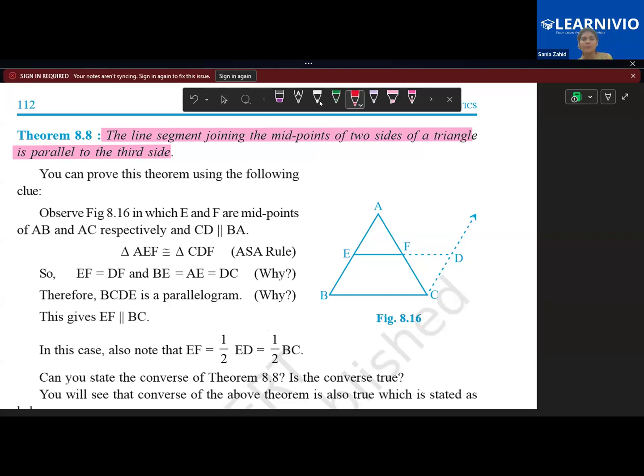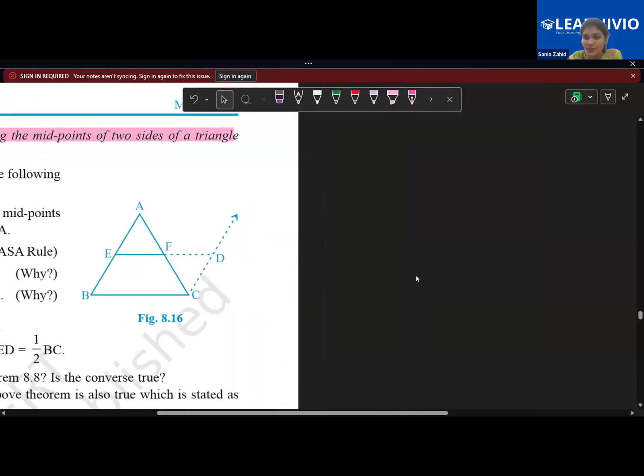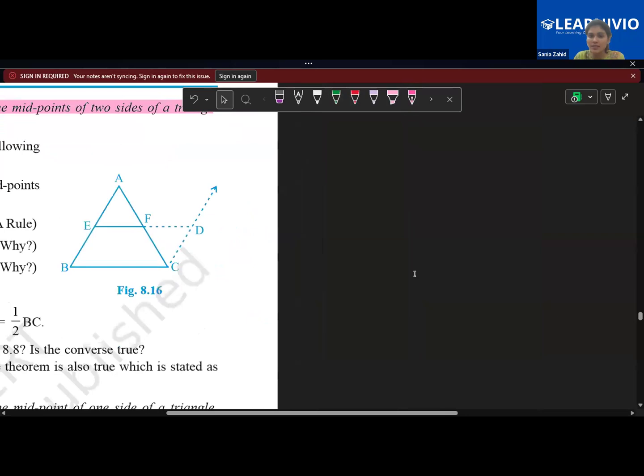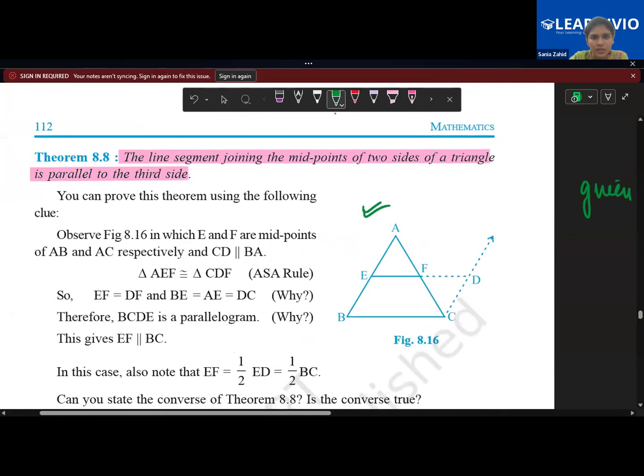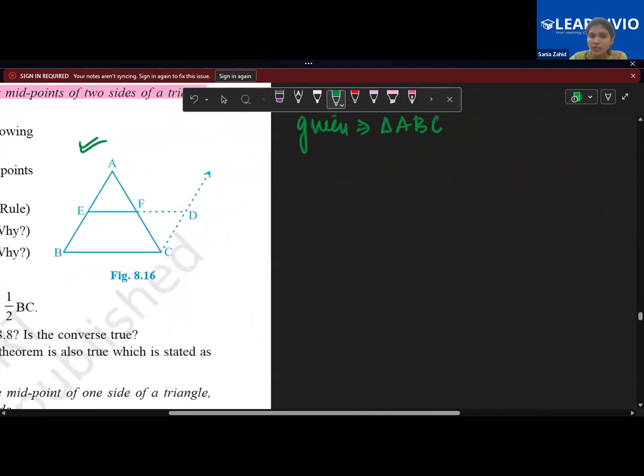Okay, children, look here. The proof is as follows. First of all, you have a triangle ABC. What is given? Just look at the figure very carefully. I'm referring to this figure only. Given is triangle ABC. And the midpoints of two sides are given already in the question. So E and F are midpoints.